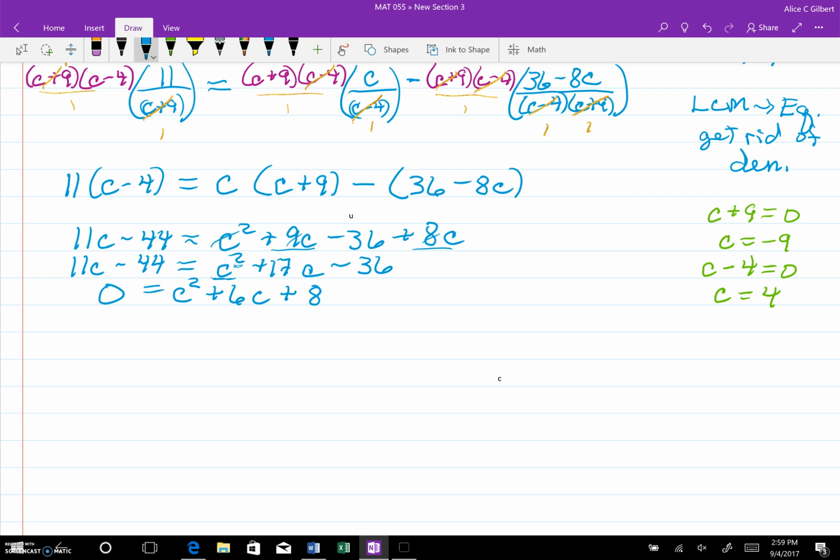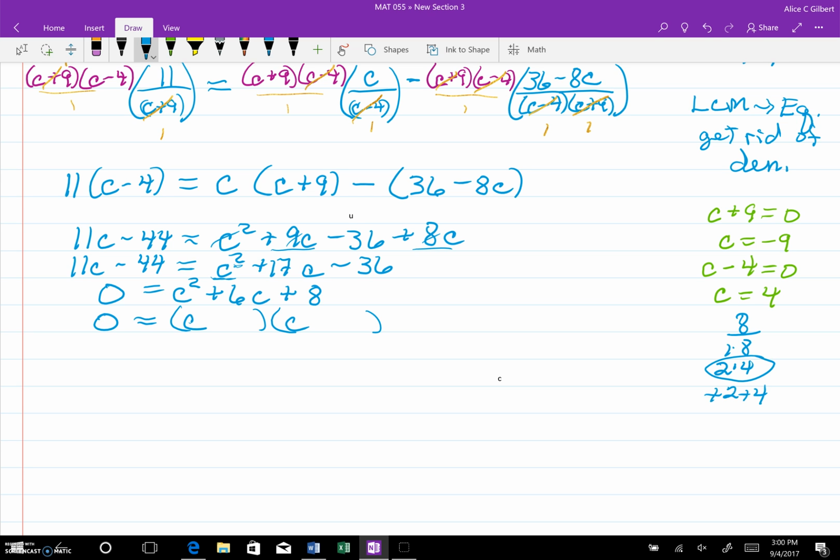And so now I just need to factor this using the zero factor property to go ahead and solve this. So again, rule 3a. So that's a C and a C, 8, 1 and 8, 2 and 4. Looks like it's going to be 2 and 4.